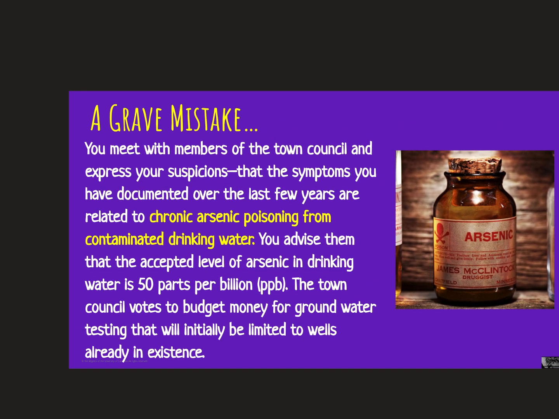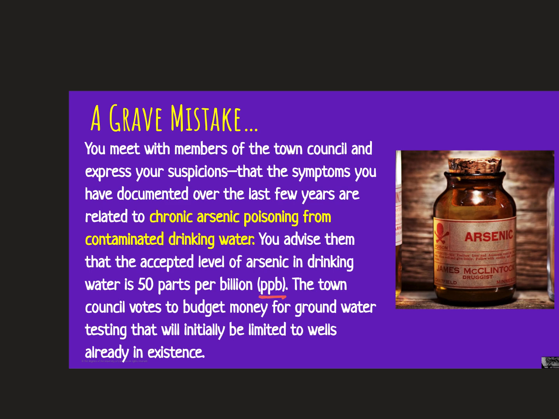You meet with members of your town council and express your suspicions that the symptoms you have documented over the last few years are related to chronic arsenic poisoning from contaminated drinking water. You advise them that the accepted level of arsenic in drinking water is 50 parts per billion, ppb.